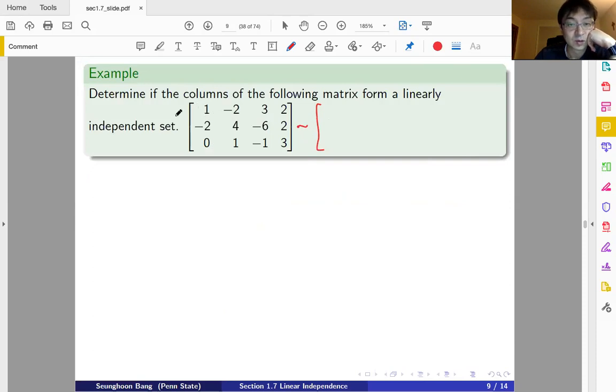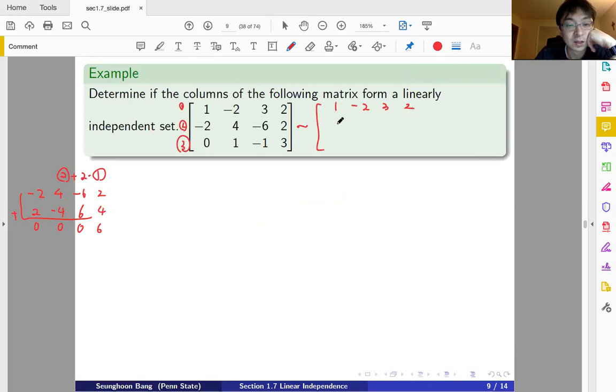So this is your first row, this is second row, third row. How can it be 0 in the second row's first entry? Second row plus 2 times first row. The second row is -2, 4, -6, 2. Two times the first row is 2, -4, 6, 4, and add it. So what's that? 0, 0, 0, 6. So we have 1, -2, 3, 2.